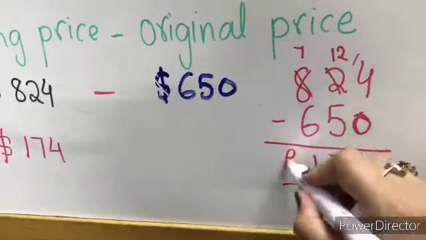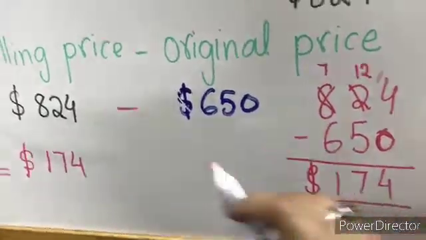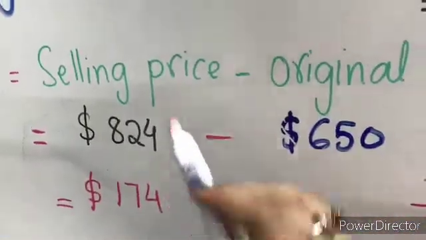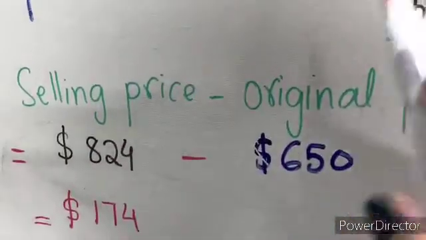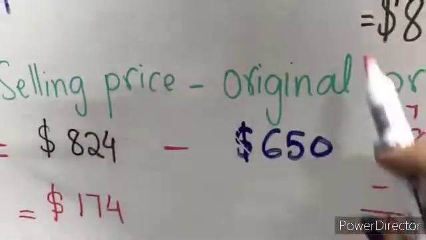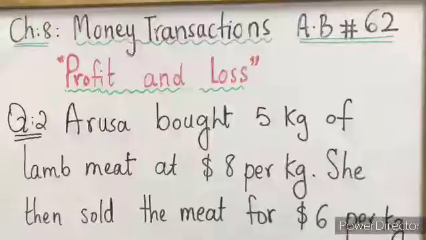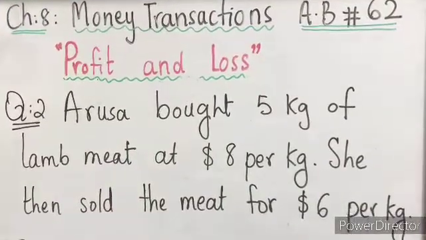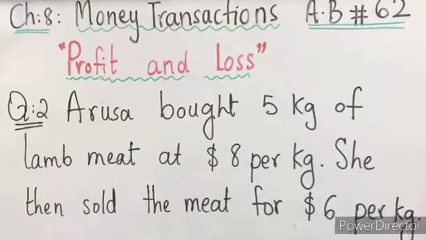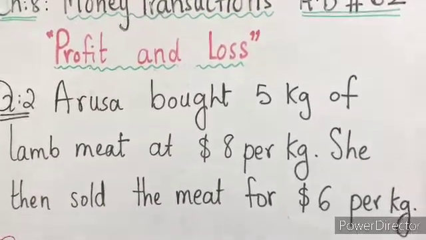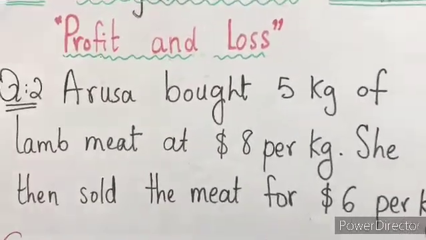See, $174. So the difference between the selling price and the original price is called profit.